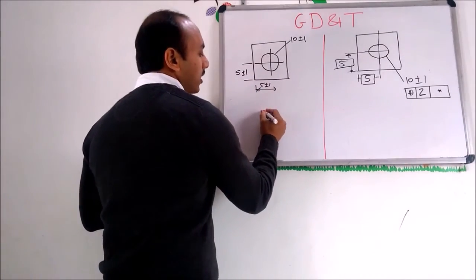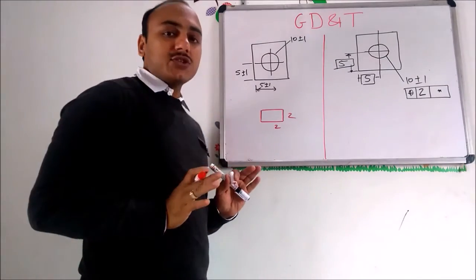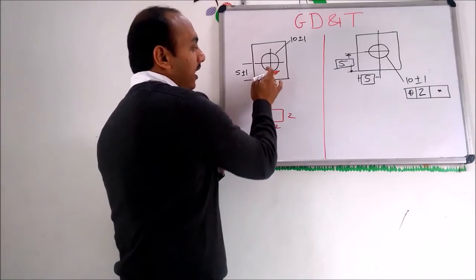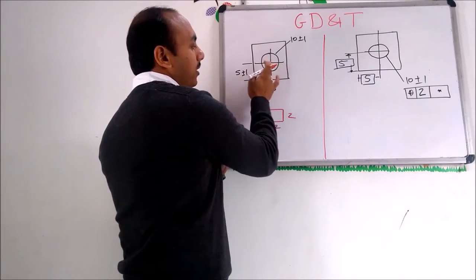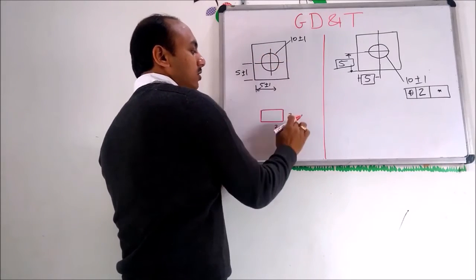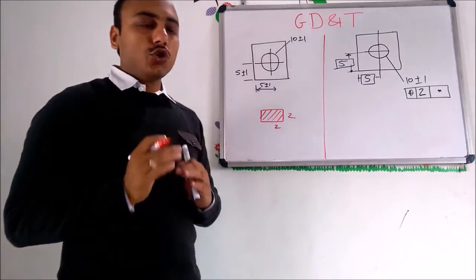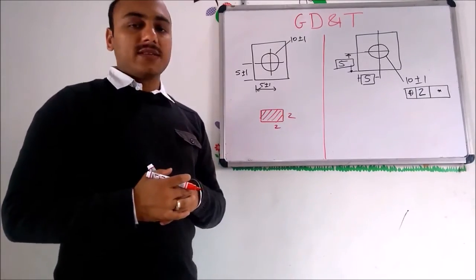So what will be the tolerance zone? The tolerance zone would be a rectangular one where the axis can shift 1 mm here and 1 mm here, that is 1 mm above and 1 mm down, that is 2 mm. So this is a rectangular tolerance zone in this case of dimensioning.